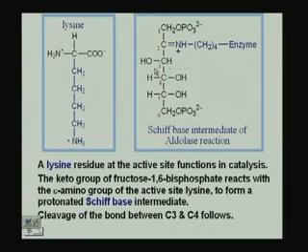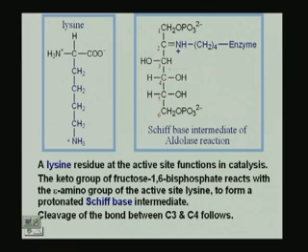What this lysine does is the keto group of fructose 1,6-bisphosphate reacts with the amino group of the lysine, okay, and it forms a protonated Schiff base. Then there is a cleavage between carbon atoms 3 and 4. We are not going to go into the details of all this, but what you have to know is you have the breakdown from the 6 carbon to the 3 carbon by the enzyme aldolase.